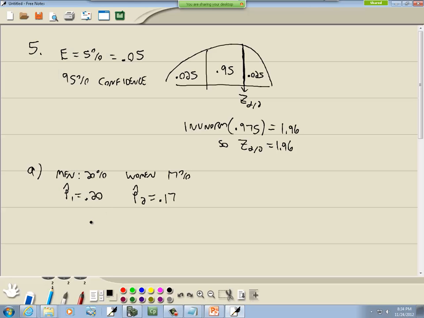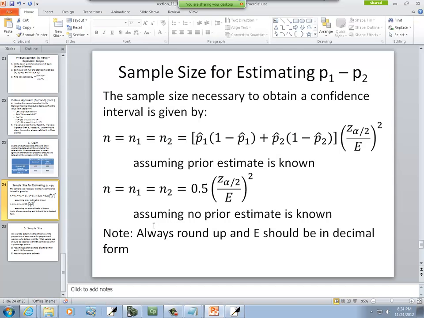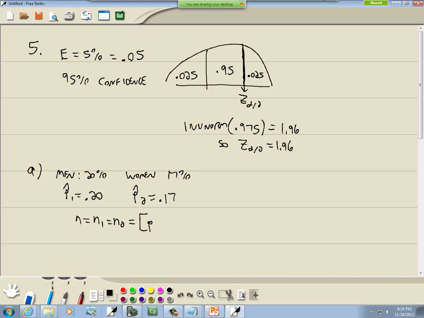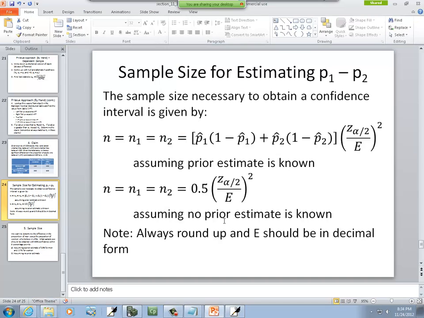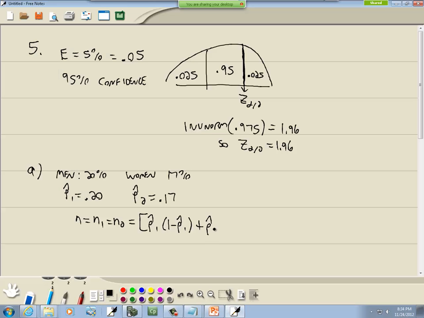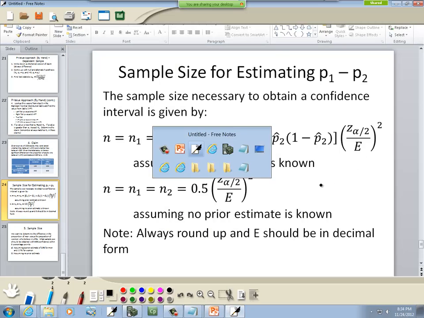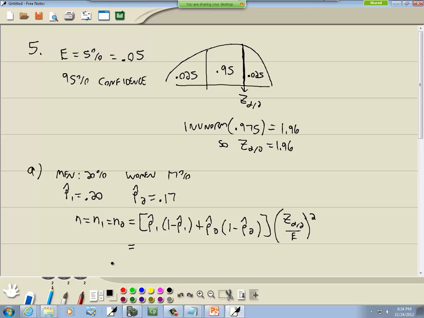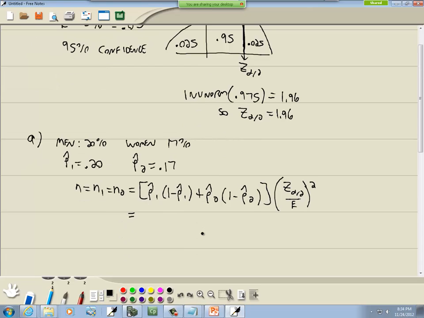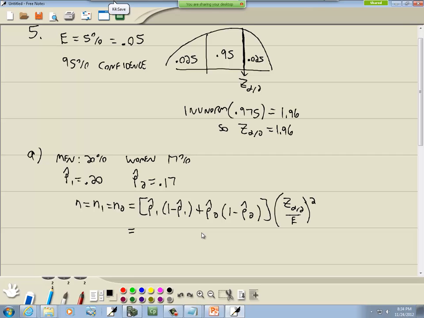And our formula is n is equal to n sub 1 is equal to n sub 2 equals p hat sub 1 times 1 minus p hat sub 1 plus p hat sub 2 times 1 minus p hat sub 2 times Z alpha divided by 2 over E squared. Okay, so let's plug in what they give us. Remember, E up here we said was 0.05.